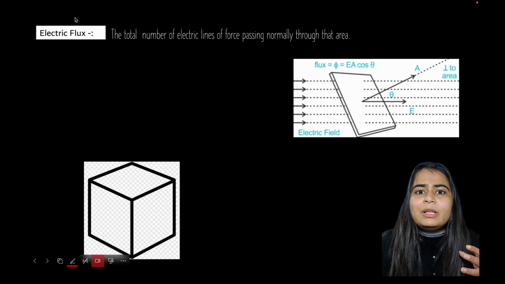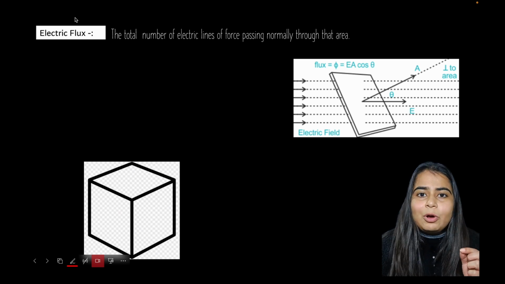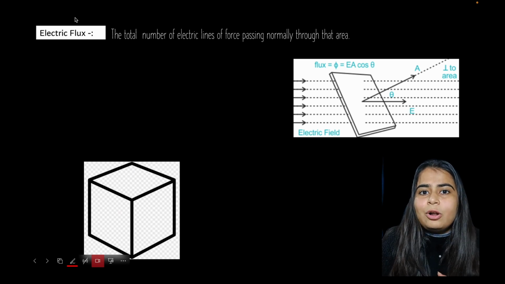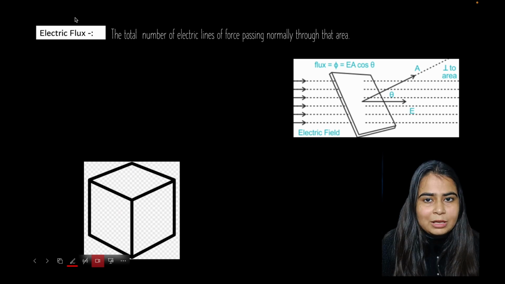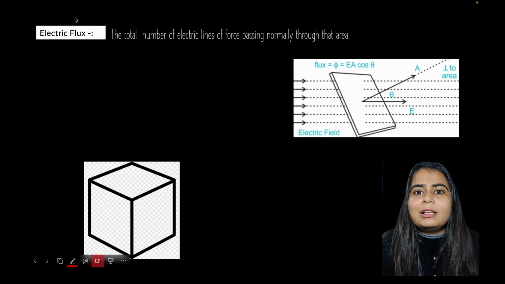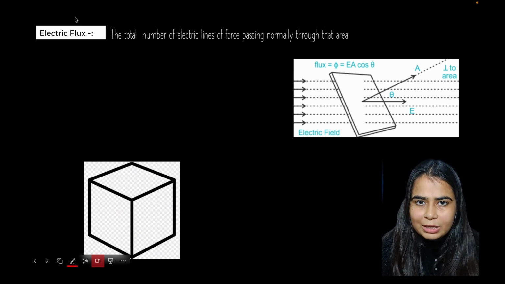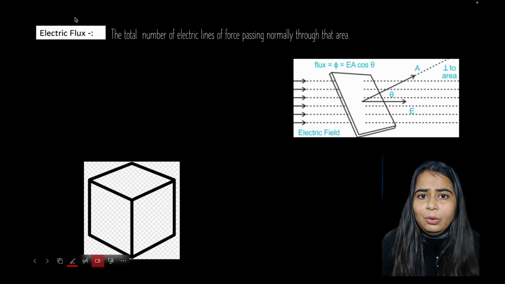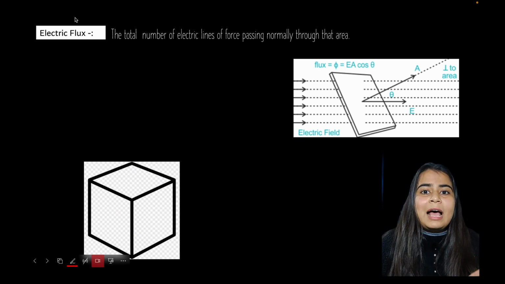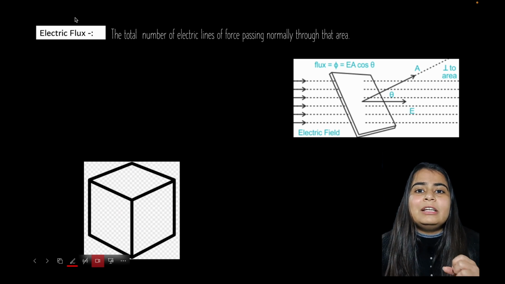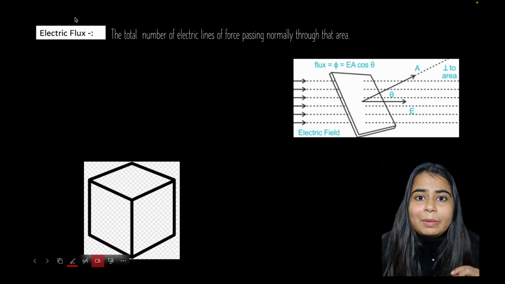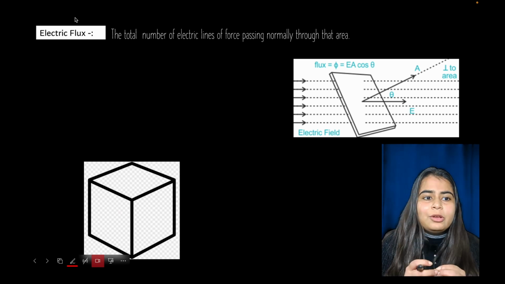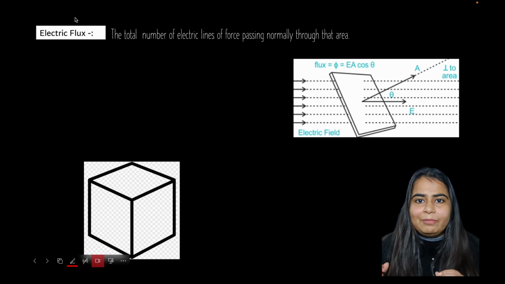Generally, with a positive charge, the electric field lines always point outwards, and with the negative charge, the electric field lines associated with it always point inward. Now, when I say that the electric flux needs to be calculated, it means we want the number of field lines that will cross that area, right?